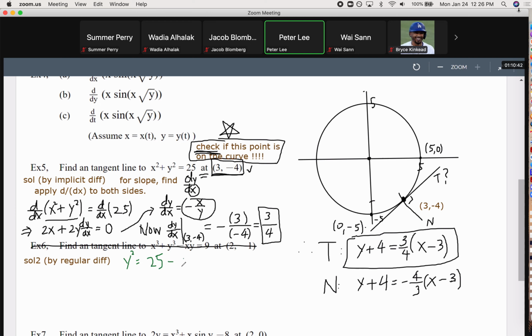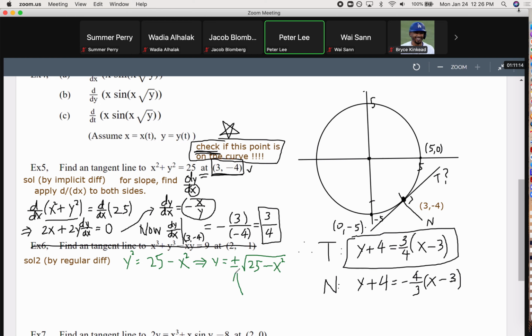And then from here, you get y is equal to plus or minus the square root of 25 minus x squared. The first hurdle you have to pass is this. When you solve for y in terms of x, you get this plus or minus here.